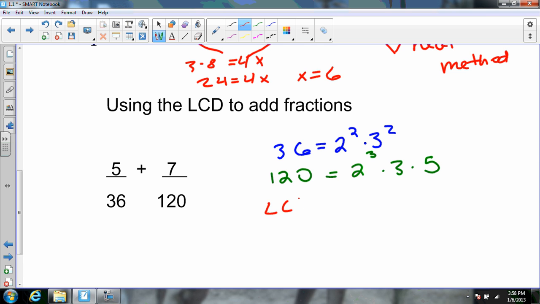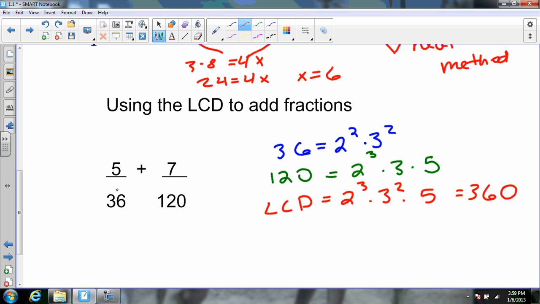So their LCD is 2 cubed from here times 3 squared from here times 5, and that all goes to 360.